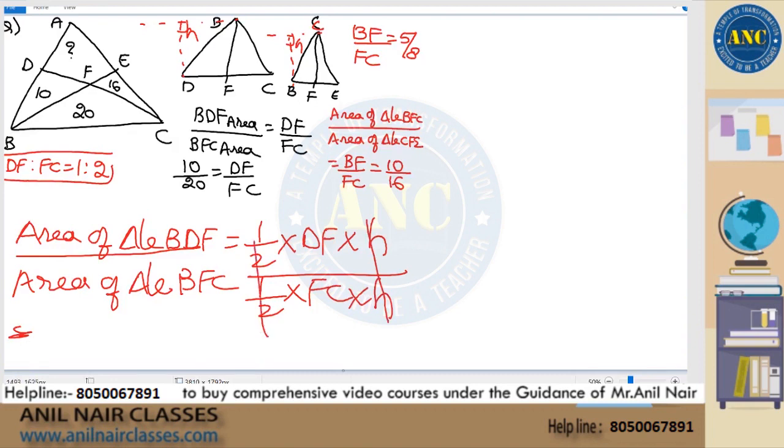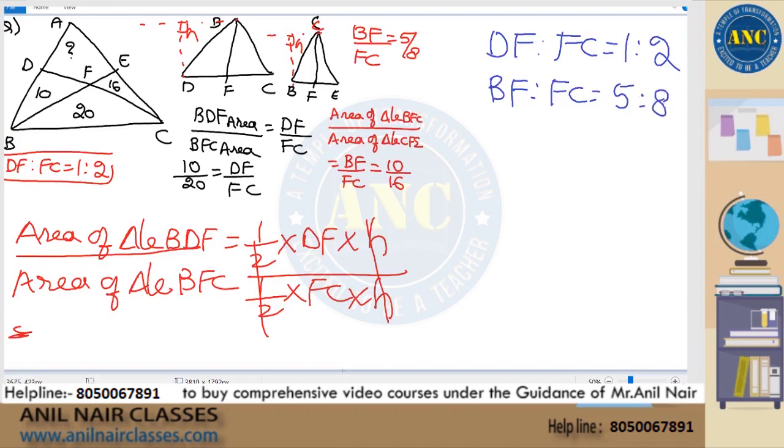So now the question becomes very, very easy. Now it is back to our mass point geometry. Now what is the question? DF is to FC is nothing but 10 by 20 and 10 by 16, so DF is to FC is 1 is to 2, and BF is to FC is 5 is to 8.